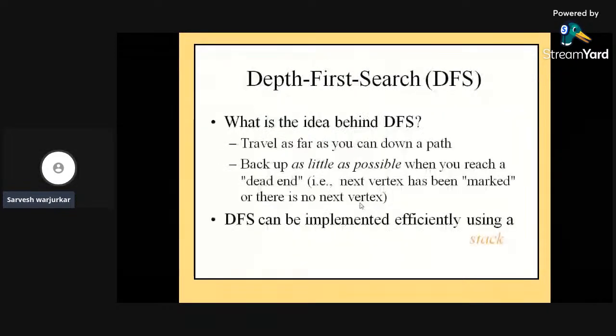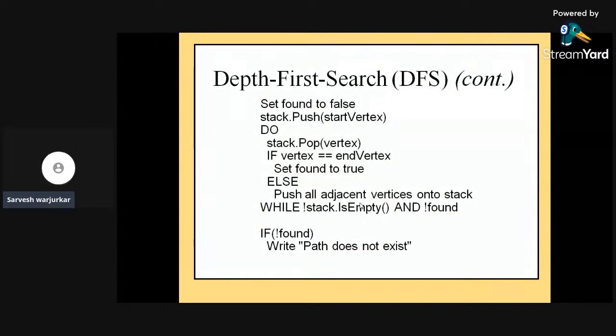The question: DFS can be implemented efficiently using, the options are stacks, queues, trees and graphs, or none of this. If the options are like this, you can definitely select a stack. DFS can be efficiently implemented using a stack.